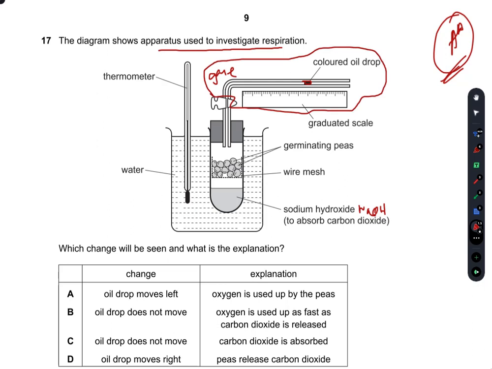As gases are produced, the colored oil drop would move outwards, and if the gas is absorbed, the colored oil drop would move towards the left. So this apparatus itself is used to investigate respiration. Which change will be seen, and what is the explanation? What is respiration?